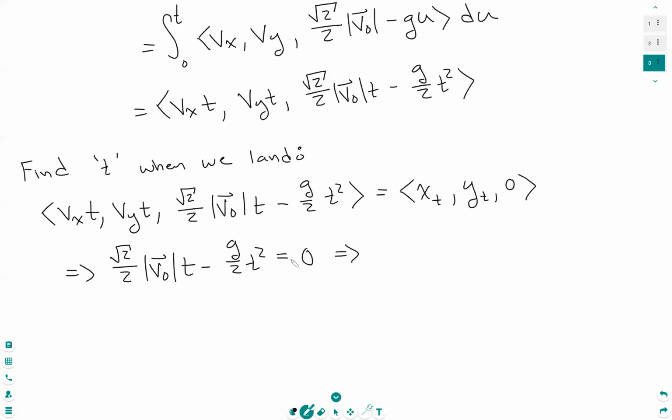In other words, t is either 0, which is when it's shot out of the cannon, or I can use the quadratic formula.